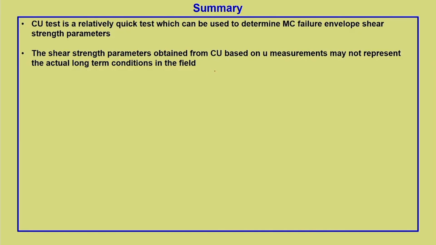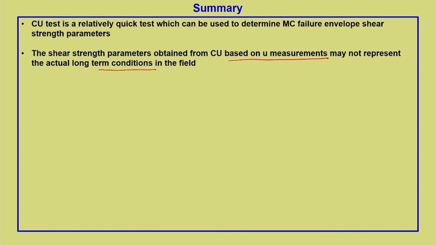Hence, from the CU test we get the result in terms of effective stress. This effective strength parameter closely simulates the field, but it is not exactly what is expected there. The shear strength parameters obtained from CU based on u measurements may not represent the actual long term conditions in the field.